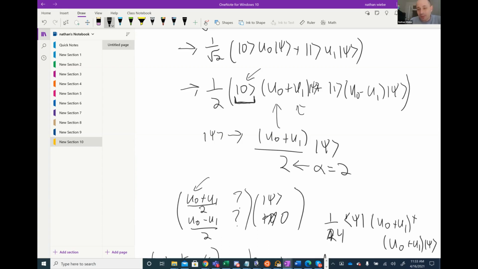And so the success probability in general is going to end up depending on psi and u0 and u1. As a particular example, if I let u0 equal identity and u1 equal Pauli Z, then u0 plus u1 over 2 is actually just the projector onto 0. So by doing this block encoding in that particular form, we can actually implement a measurement. And that'll have as strong of a state-dependent probability as you can get.